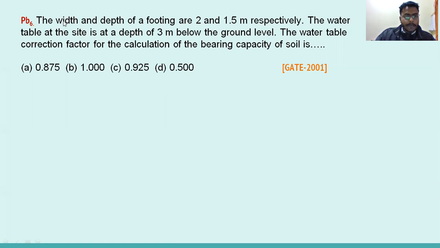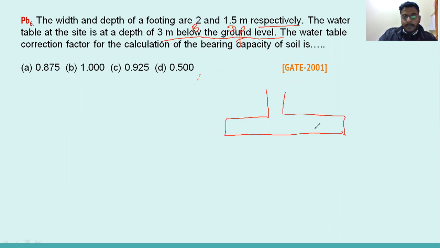So next question we have. You can see the width and the depth of the footing are given as 2 meter and 1.5 meter. This is given as B and this is given as depth of foundation, respectively. The water table at the site is 3 meters below the ground level. So this is shown in the question. You can understand by this figure.